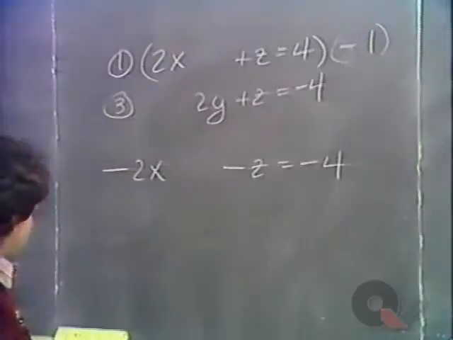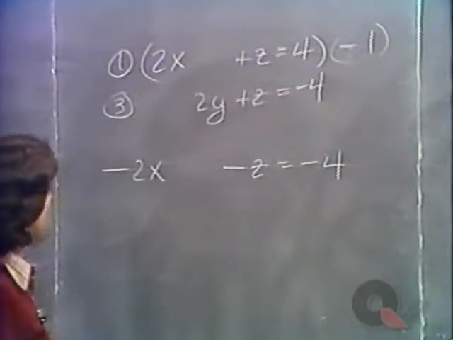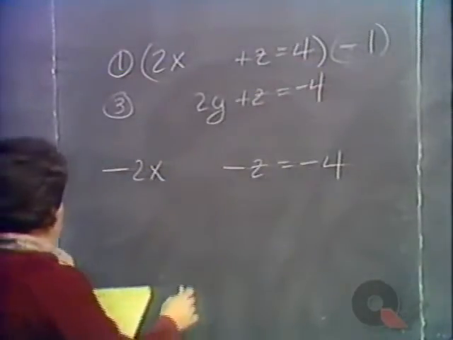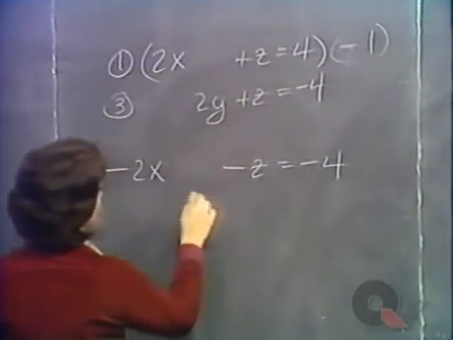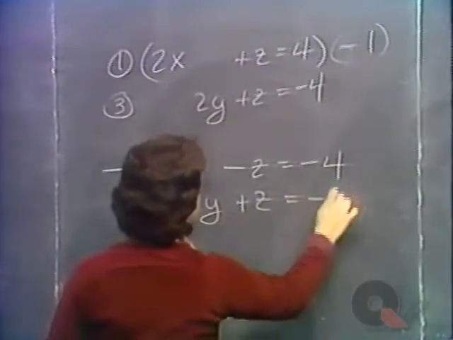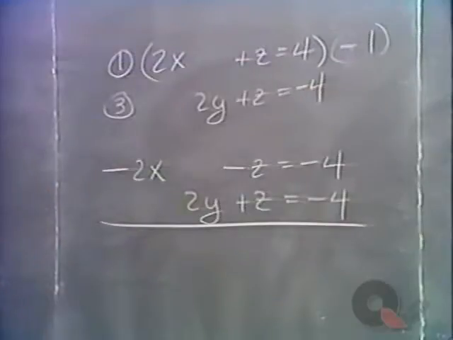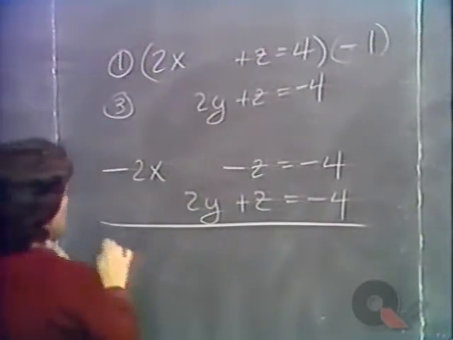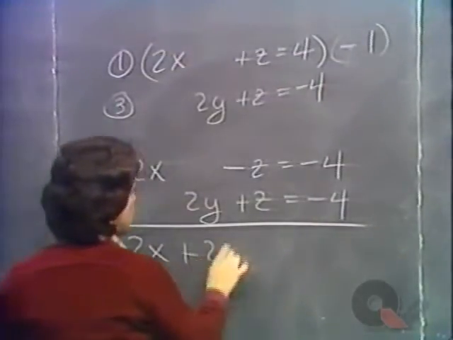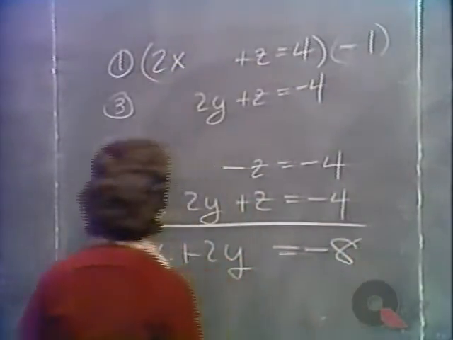So we get minus 2x minus z equals minus 4. I now want to take equation 3 as it stands, namely 2y plus z equals minus 4, and add these equations together so that the variable z is eliminated. We get minus 2x plus 2y, the z's drop out, equals minus 8.